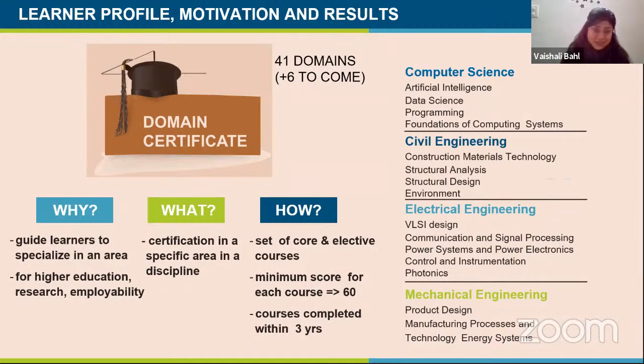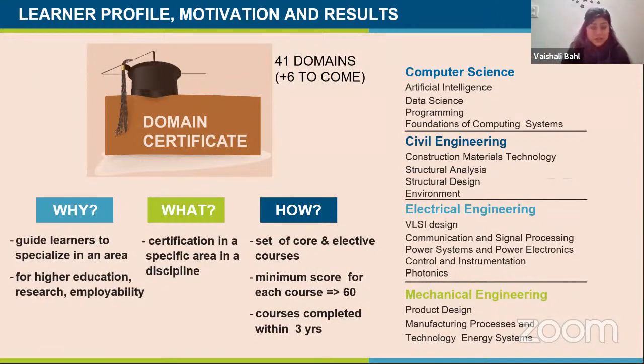For around 10 disciplines, we have around 41 domains. It helps the learner to be specialized in that particular area. This opens the door for research. If you want to go ahead with your research, or if you want to become employable in the companies that are for that particular domain, it helps the learner to get an insight into that.